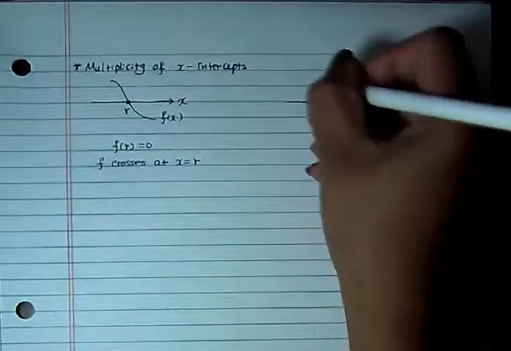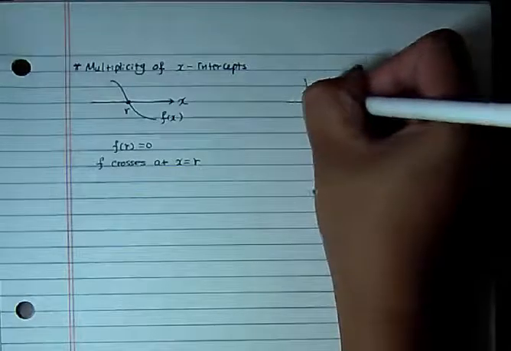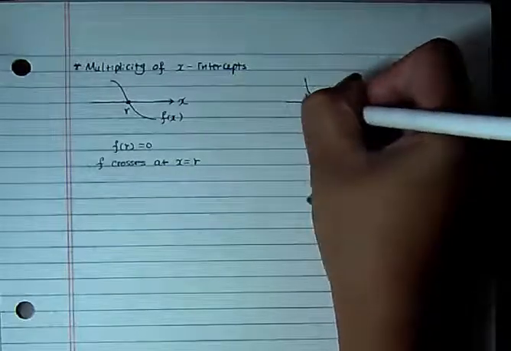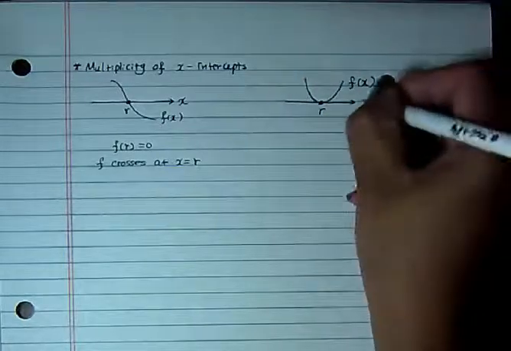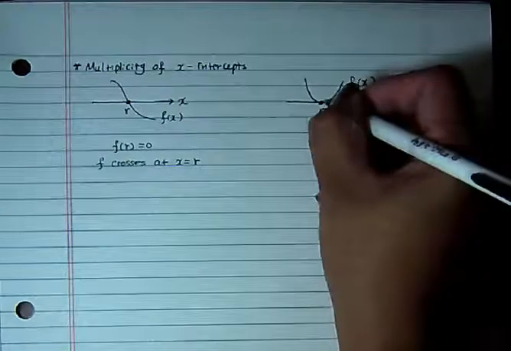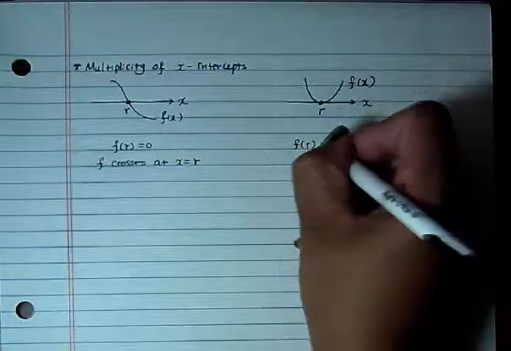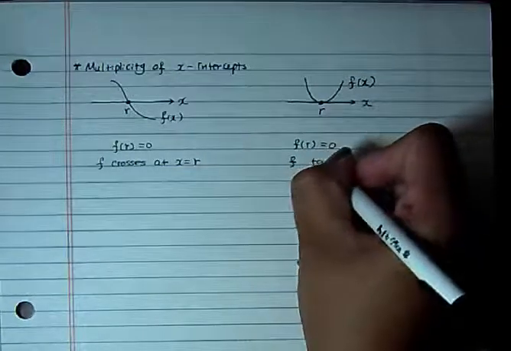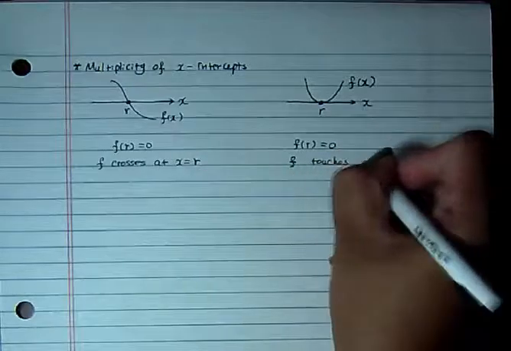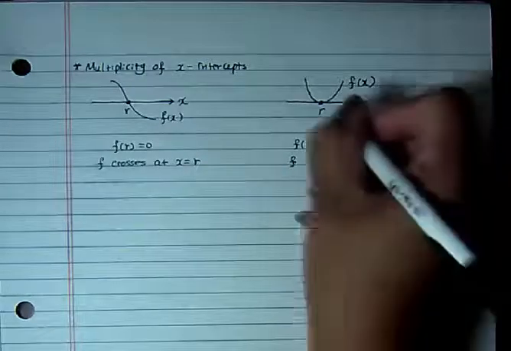And also sometimes you have something that turns around like this. If you are right here, f of x, and this is the x-axis, and also f of r is equal to 0, but your f touches at x equal to r right here.